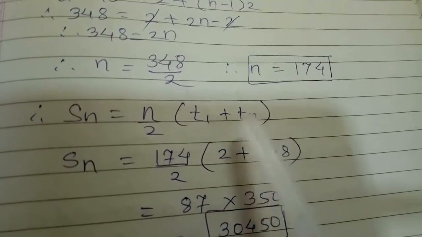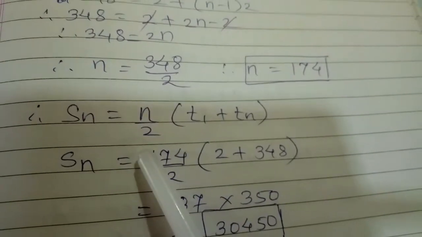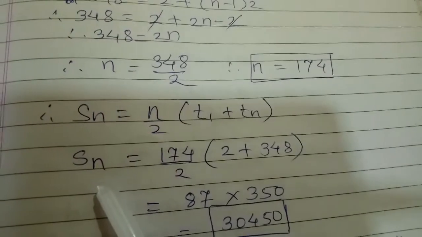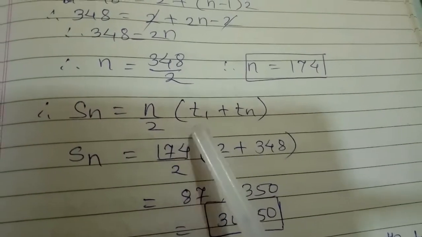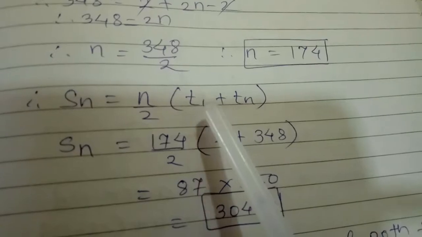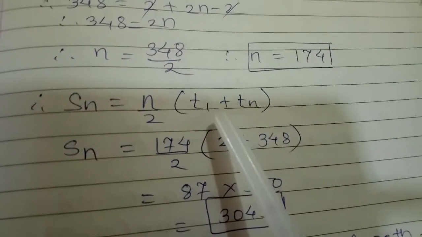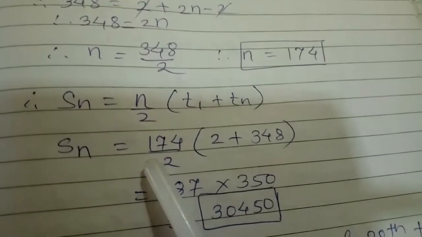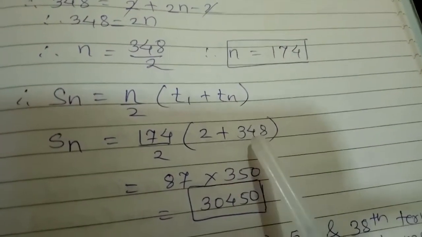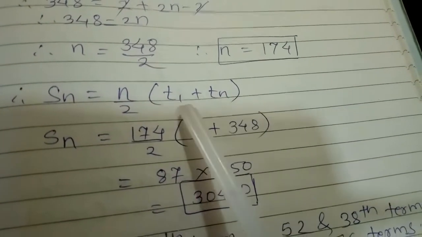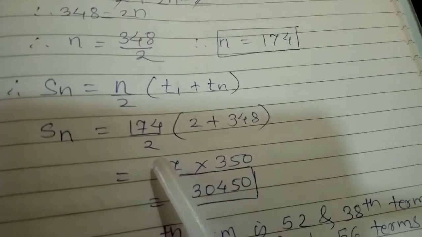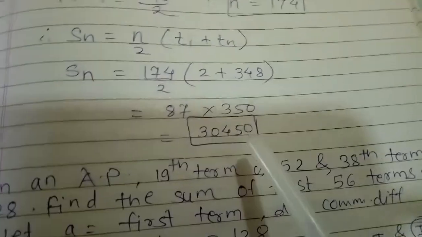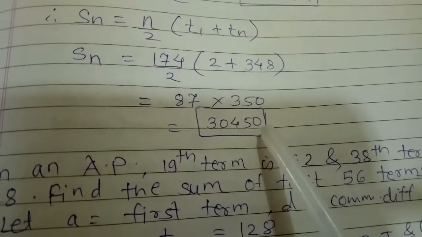I already told you that these three formulas are equal formulas. So you can use the first formula also, that is Sn is equal to n by 2 in bracket 2a plus n minus 1 into d. But this one is very short, so we can use this formula. So 174 upon 2, T1 is 2 and Tn is 348. By solving this, we get 30450.